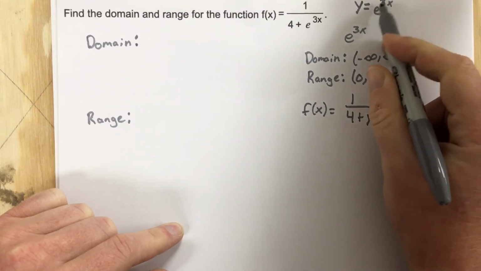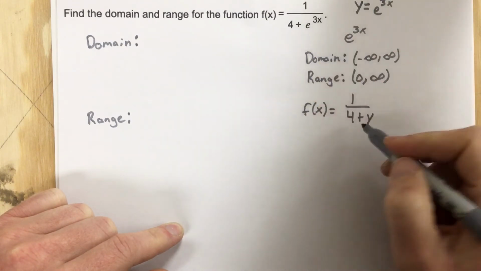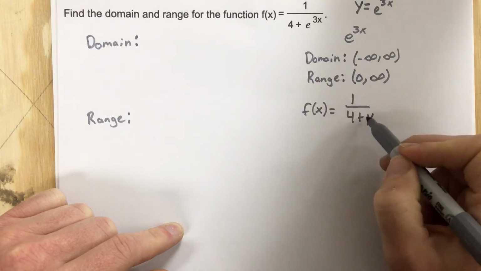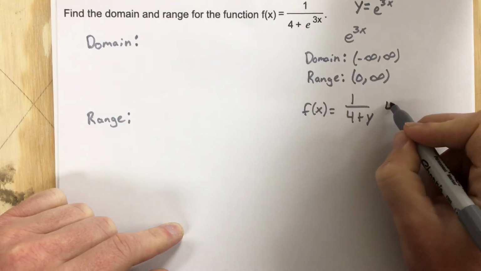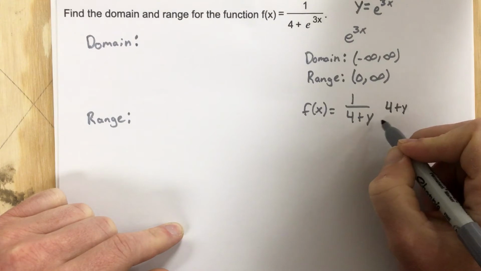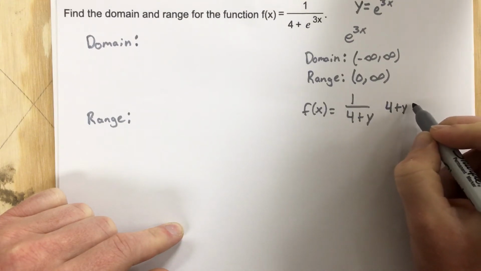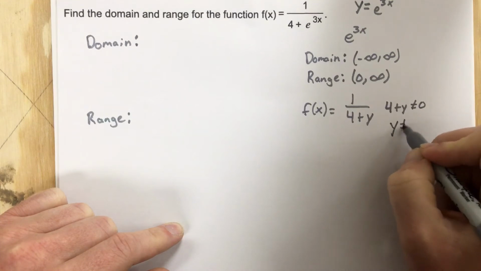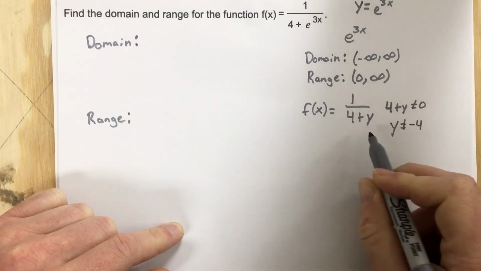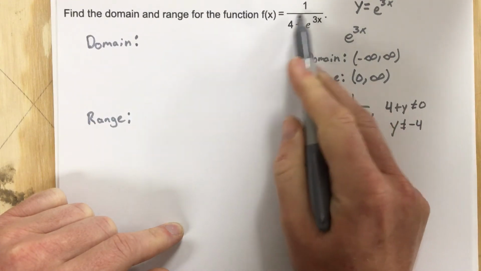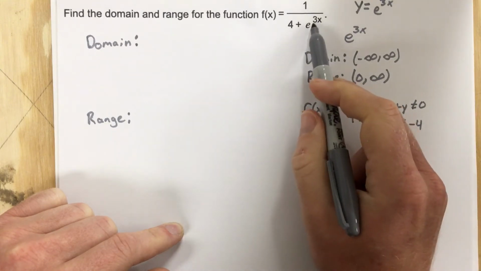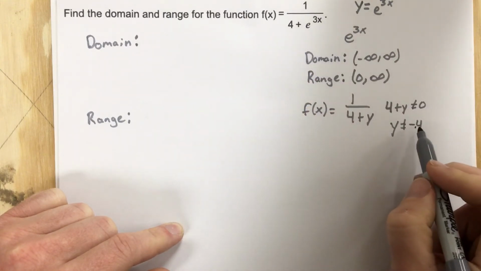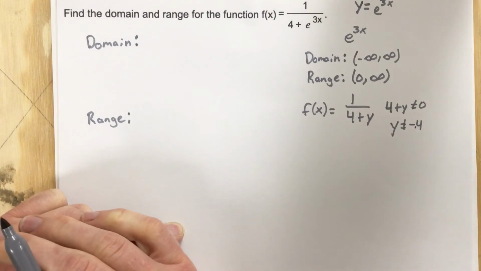Replace the e to the 3x with y. To find the domain, I should say 4 plus y cannot equal 0. I'd subtract the 4, and y cannot equal negative 4. So I know, just looking at this rational function, if e to the 3x gives me a negative 4, then I have a missing piece in my domain.